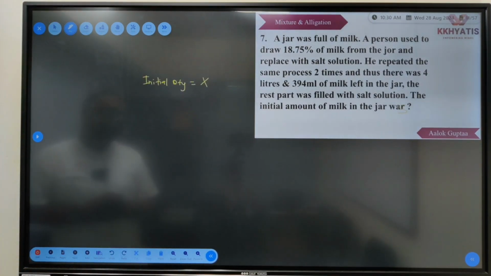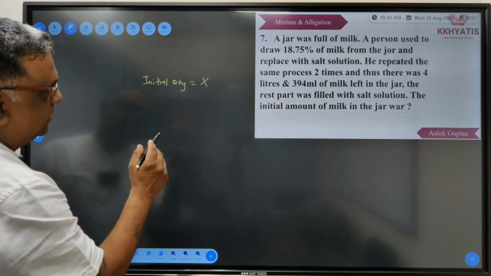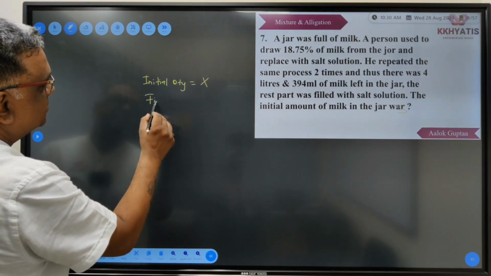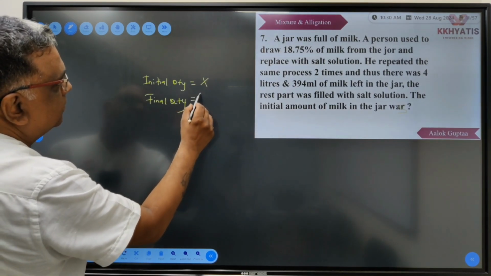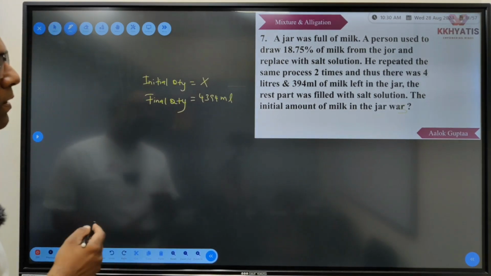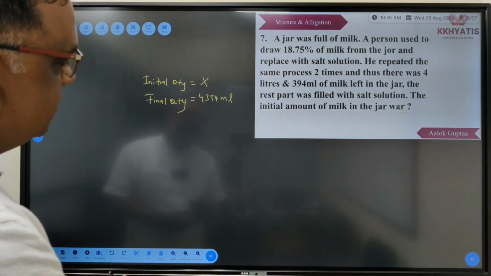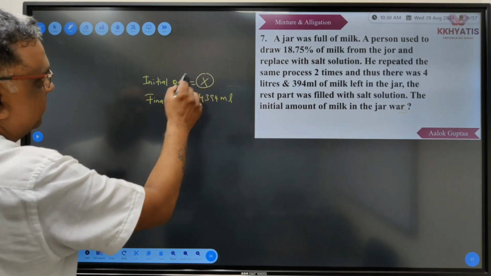And thus there was 4 liters, 394 ml. So there was finally left, the final quantity of milk was 4394 ml. The rest part was filled with salt solution. The initial amount of milk, this quantity I have been asked.